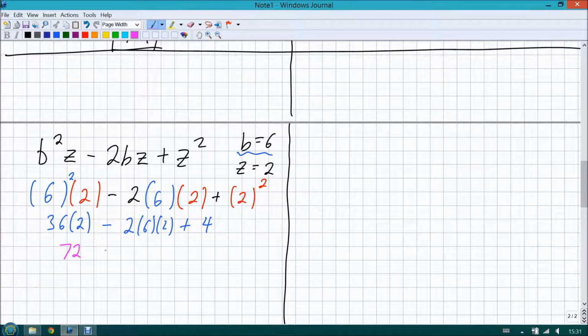And then we have minus, let's see, 2 times 2 is 4, 4 times 6 is 24, and then plus 4. Now I note that there's a 4 here and a 4 here, so those are the ones that I want to combine first because they cancel each other out. So then I have 72 minus 20, 7 minus 2 is 5, so then I just have plain old 52.